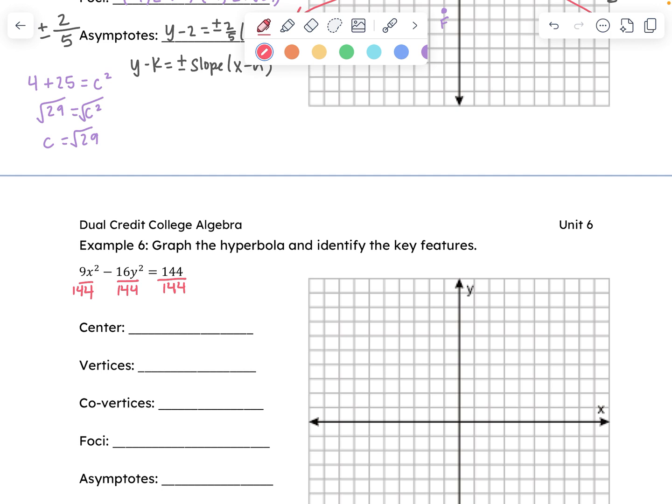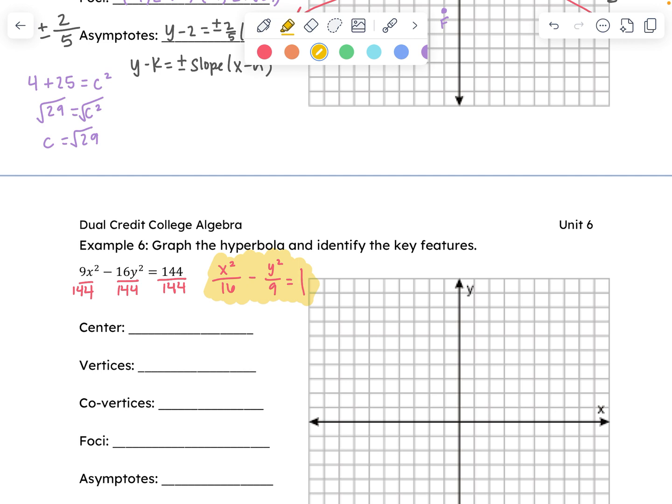Then you'll also end up simplifying those fractions. 9 over 144 is going to give me 1 over 16, or x squared over 16. Then the 16 over 144 that's with the y squared simplifies. 16 over 144 is 1 over 9. So we get the y squared over 9. And then 144 over 144 equals 1. So now this is the equation that I'm going to use. So you got to make sure it equals 1 when you're looking at these.